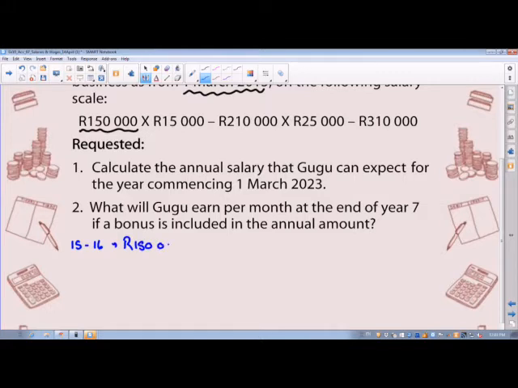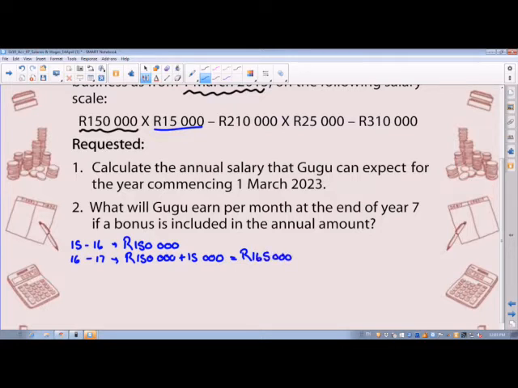But now for the year starting March 16 to 17, she will earn 150,000, but we need to increase it with what? 15,000. And therefore, Gugu will earn during this year 165,000. And what will happen in the next year?